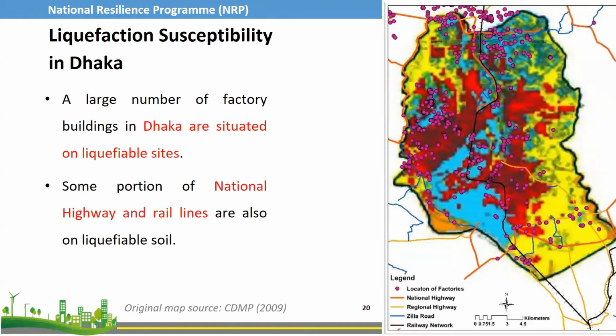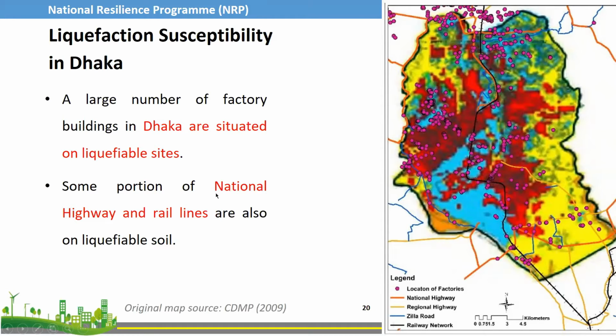And then liquefaction. This topic is not being discussed that much till now, but it is very important, because if we have an earthquake, this can have a huge impact. We can see that a large number of factories in Dhaka are situated on liquefiable sites. So if there is an earthquake of high magnitude, we will have problems.